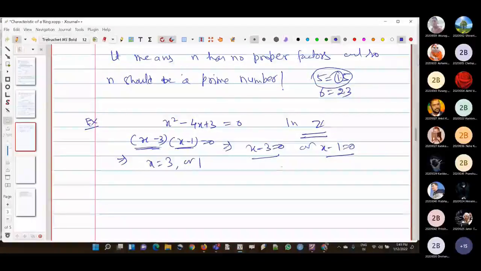This is the situation we used to follow when factorizing a quadratic, cubic or biquadratic equation, or solving any equation. We were doing this unknowingly, and it is possible in the case of an integral domain.